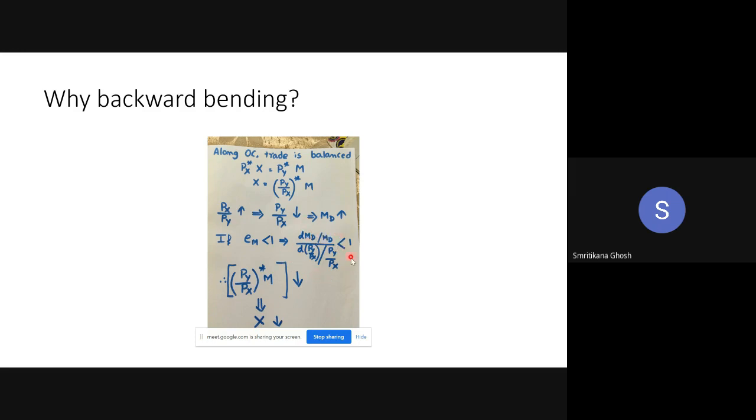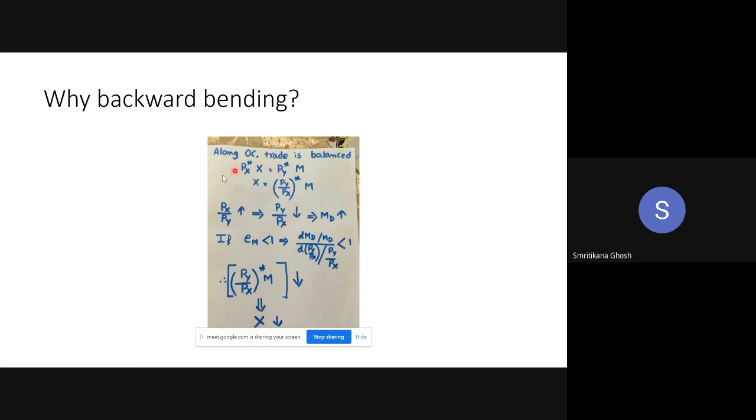That is why the ratio is less than 1. So that part was clear to us, that Py by Px should reduce more than the increase in M. But when will it happen? When import is inelastic. When import is inelastic, then only it is possible, and my export will fall.